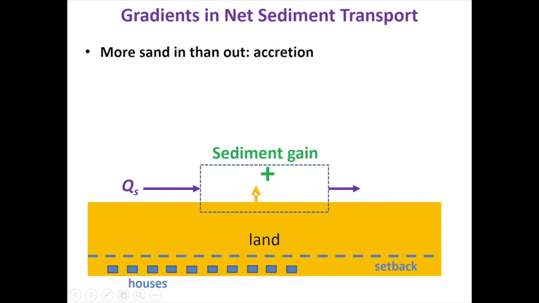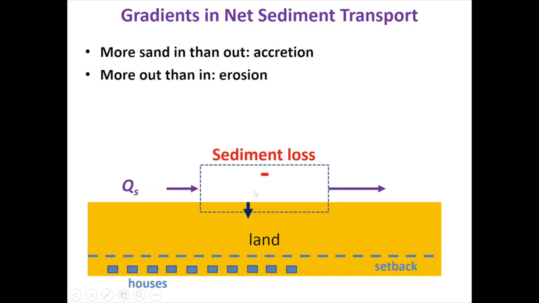It's the yellow arrow. On the other hand, if we have the opposite sort of gradient, a divergence in this alongshore transport, so that as you move along the coastline the net transport increases, so there's more sediment leaving the box than entering it on the other side, then over the long term, if we're losing sediment, the shoreline must be moving landward.